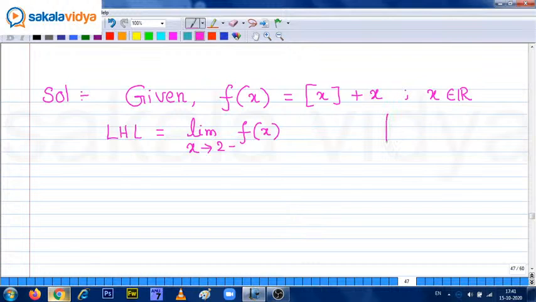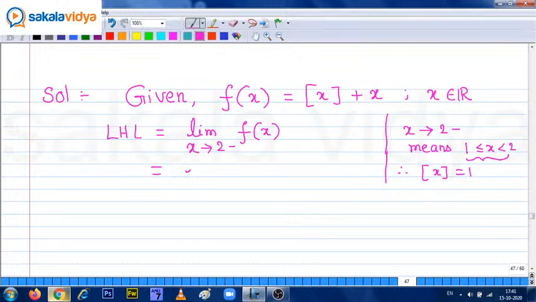When x tends to 2 minus, whenever integral part is concerned, this will be 1 less than or equal to x, x less than 2. Then the integral part of x becomes 1. When x is less than 2, integral part is equal to 1 we need to consider, because if you substitute x equal to 1 you get 1 itself only.